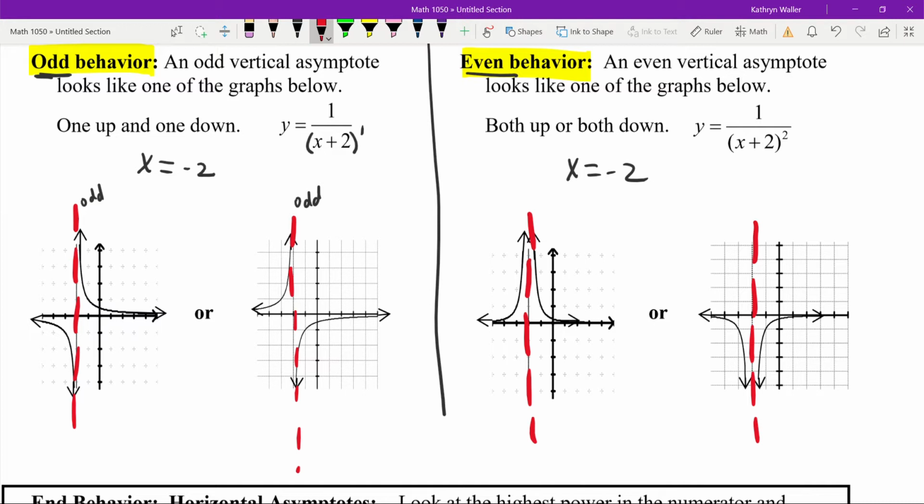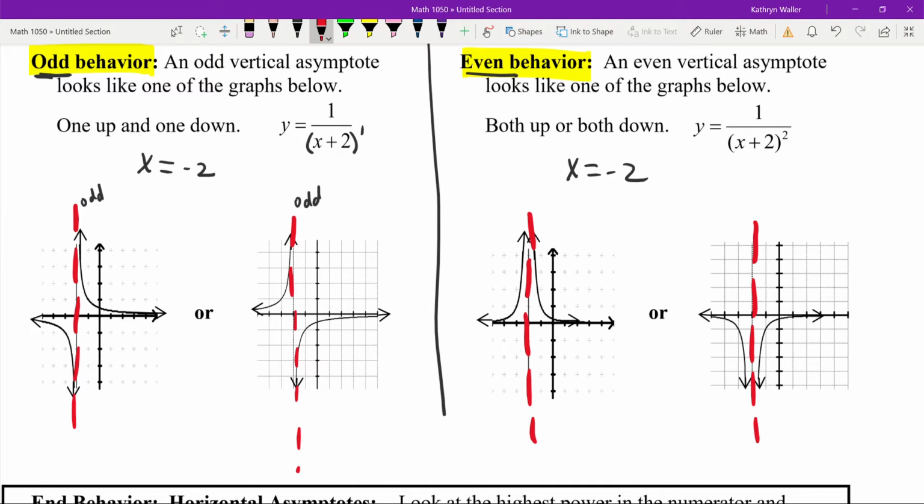Here's the graph. This is the number 2 or 3 reason that people cannot understand on Thursday. For an asymptote that's even, the graph goes to it and they go the same way. So they both go up or they both go down. I don't know which one, but if it's even, I know they go the same.